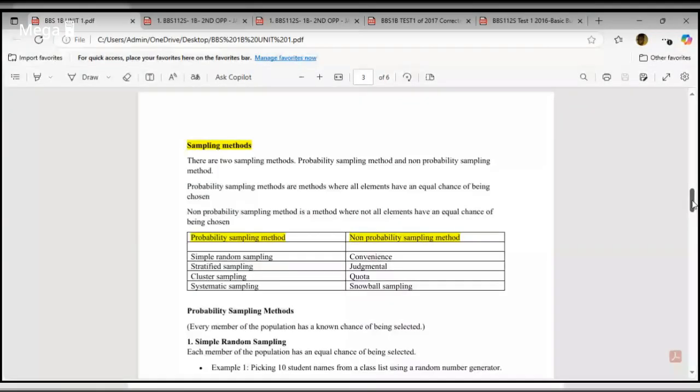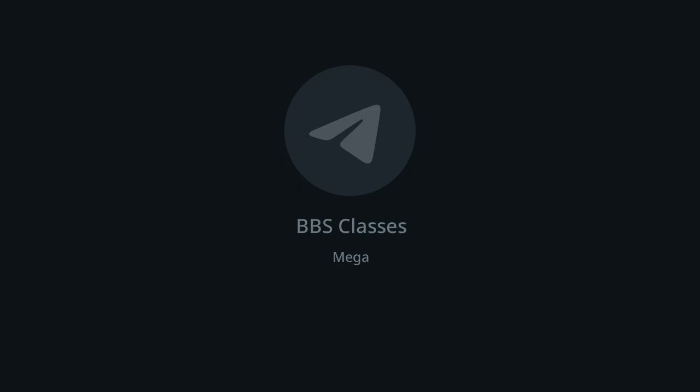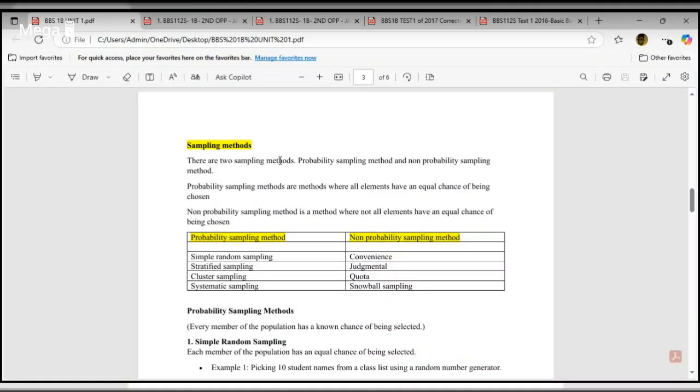And then our last part for this unit is the sampling methods. Remember I mentioned that sampling means selecting where to collect data from in the population. Now we have two methods: the probability sampling method and the non-probability sampling method.